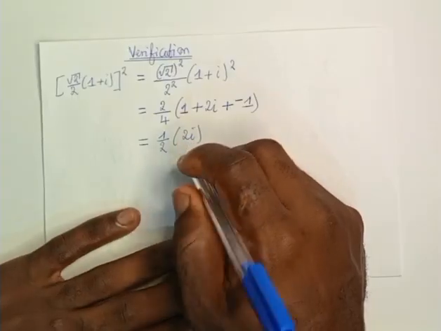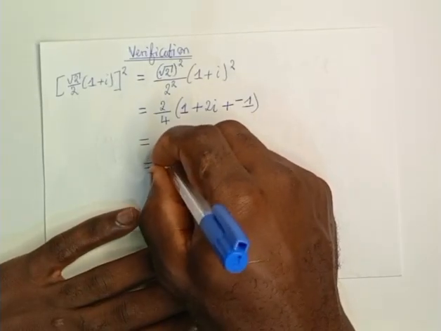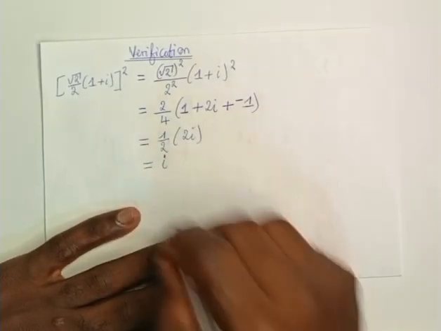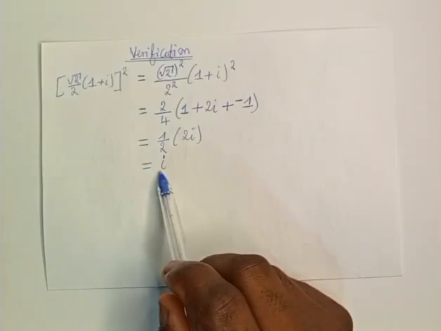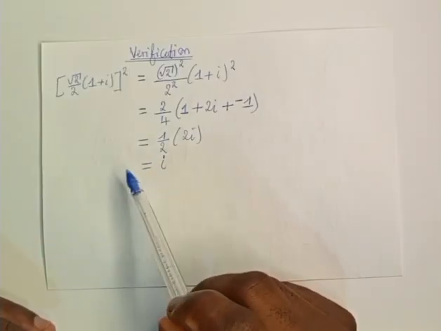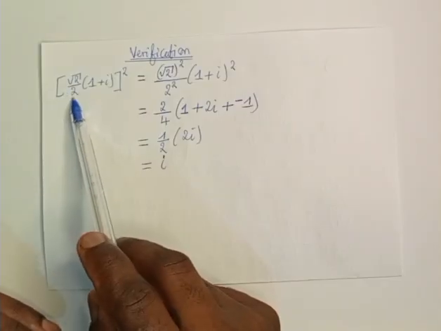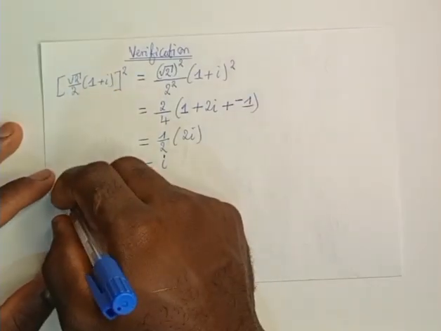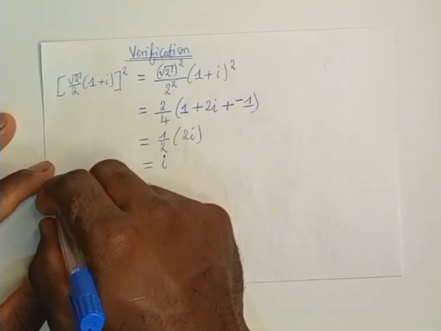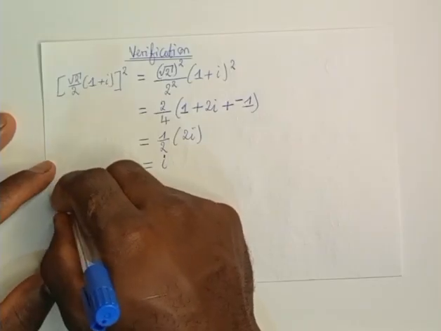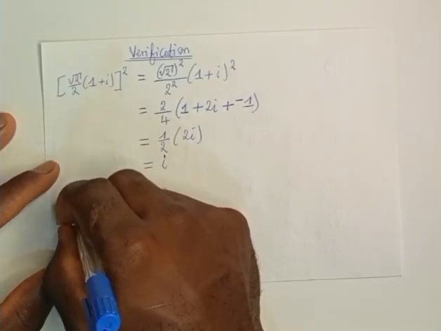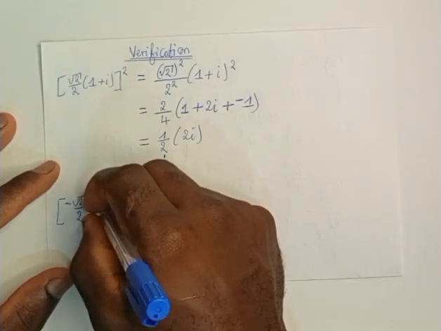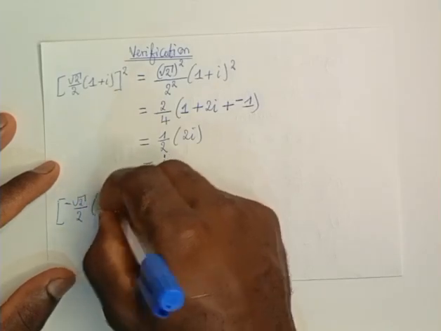A half times 2i is simply equal to i, which proves the fact that the square root of i is equal to root 2 over 2 times 1 plus i. Next, let's square the second square root, which is negative root 2 over 2 times 1 plus i.